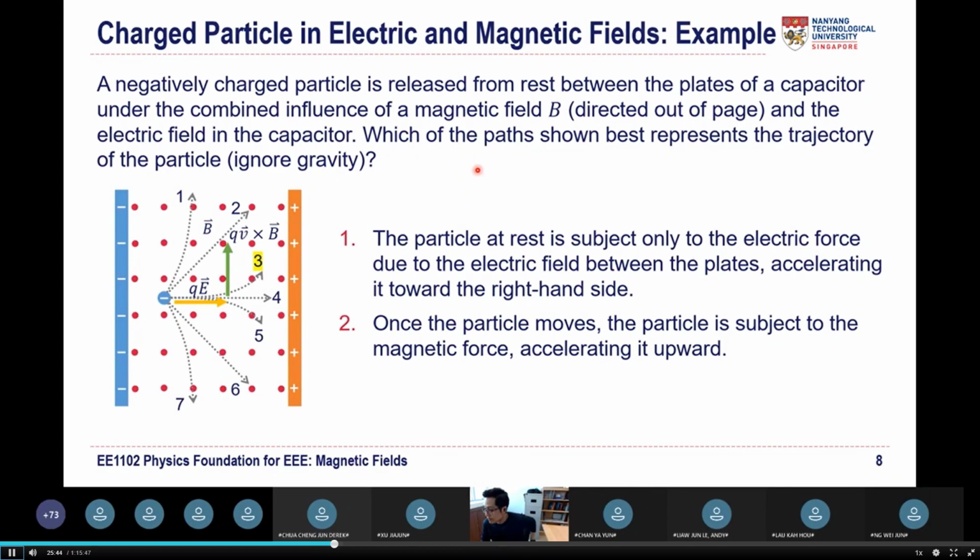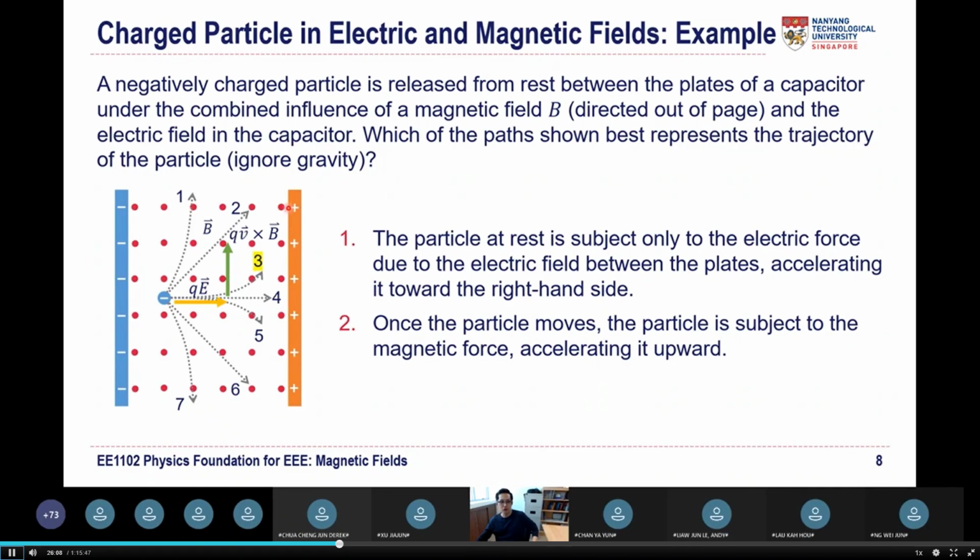So let's look at another example where we have both an electric field and a magnetic field. So we have a negatively charged particle, and that's in between the two plates of a capacitor. On this side we have negative charge, on this side we have positive charge. So in which direction is the electric field flowing?